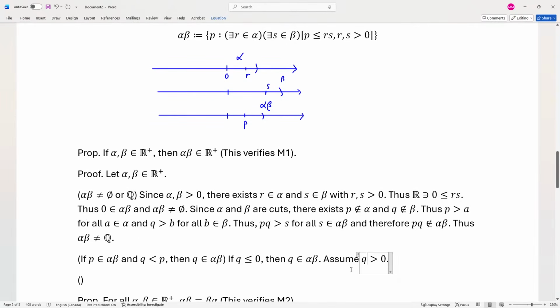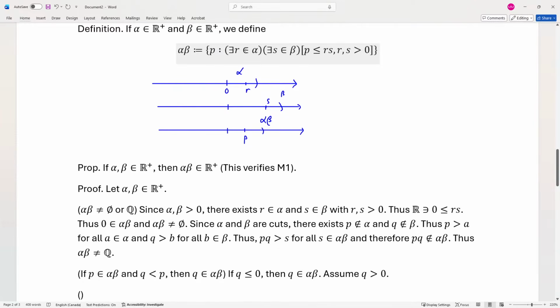So now let's see what happens if we have Q greater than 0. Well, you can just use the same element R and S that comes from the sets alpha and beta, whose product bounds P, and use that to bound Q, right?